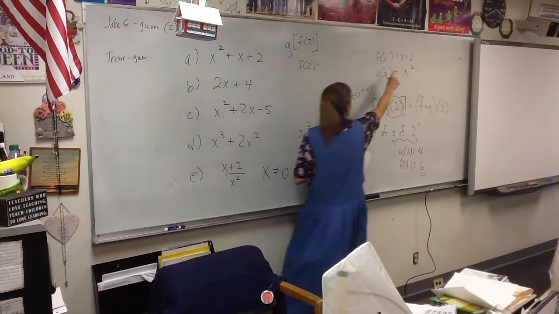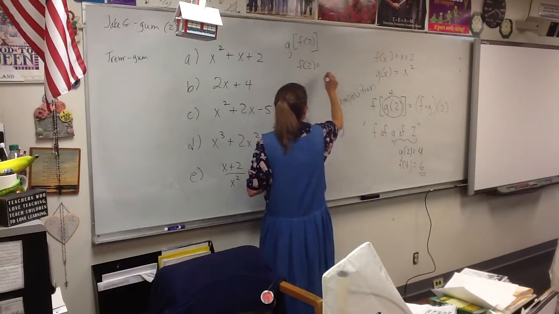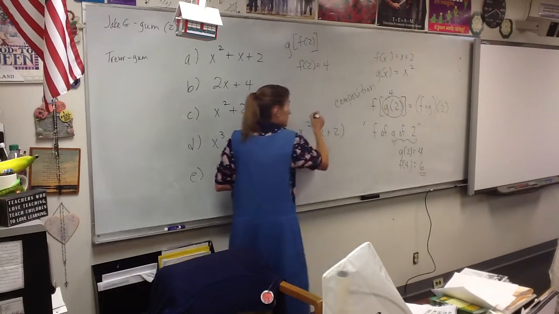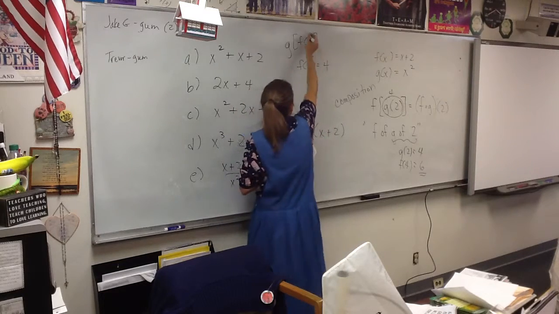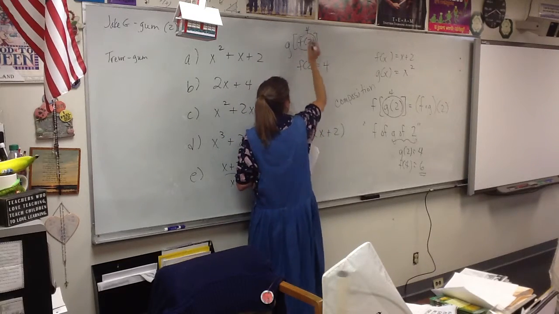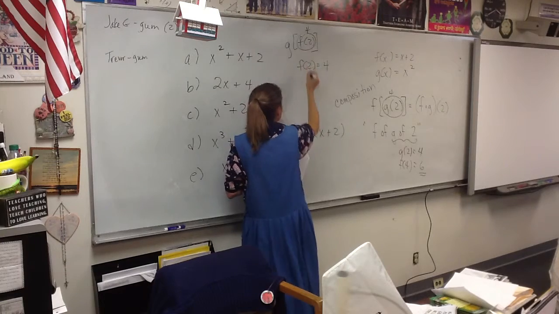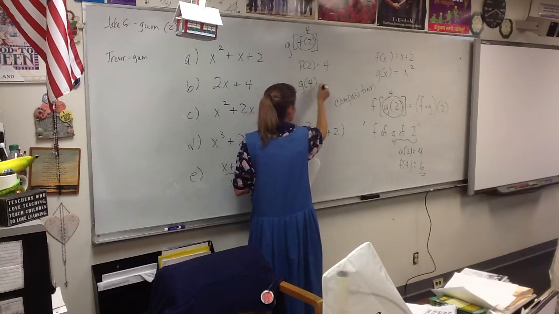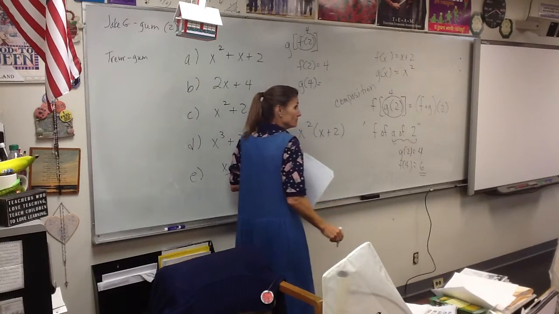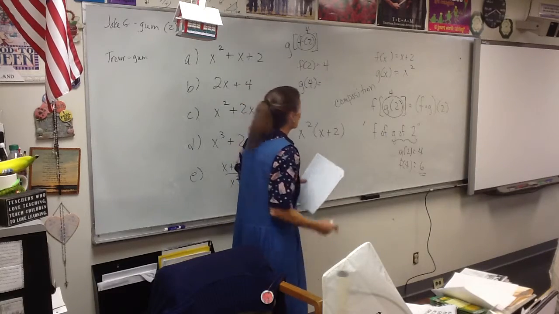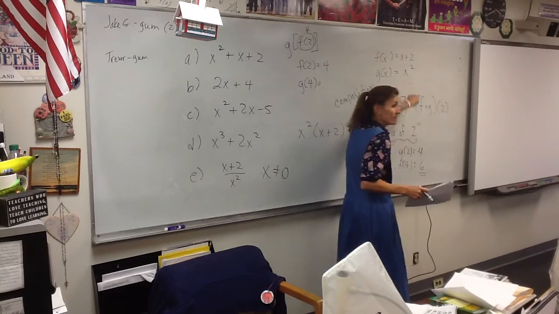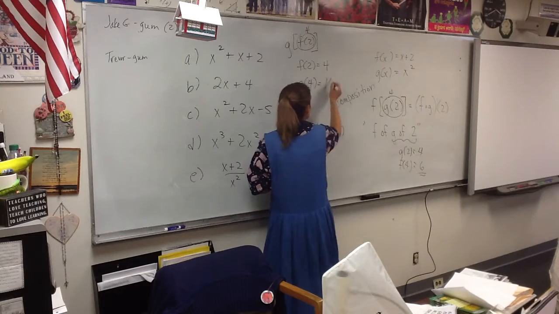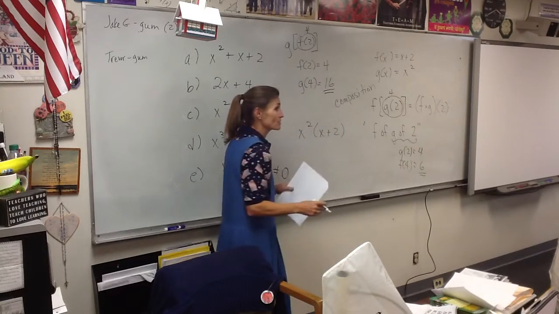And f of 2 is 4. Then I take that 4, f of 2, this is like 4 now. I take that 4 and put it into G. Yep. And G of 4 would be 16. And that's your answer.